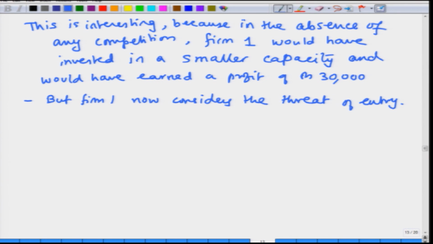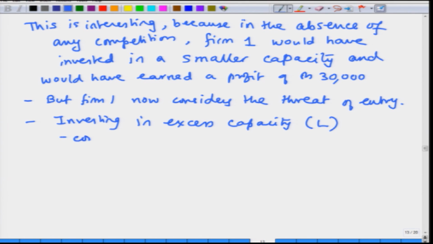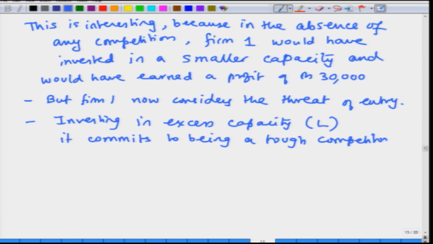So, the rational firm 1 then calculates that by investing in excess capacity, which is over investing in capacity by building a larger facility L, it commits to being a tough competitor in the event firm 2 decides to enter.